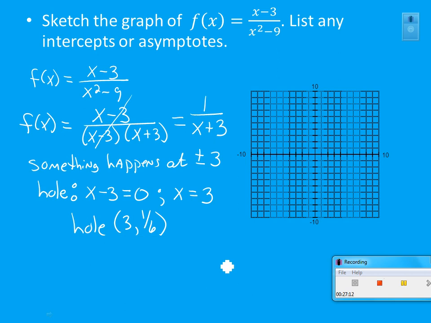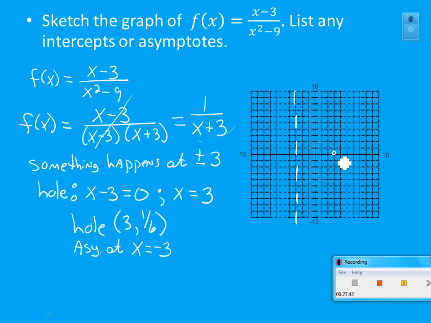The thing that we couldn't remove, look at what's left. 1 over x plus 3. Well, I can't allow you to use a negative 3, so there's going to be an asymptote at x equal negative 3. So here's what this graph's going to look like. At x equal negative 3, there's an asymptote. I know there's a hole at 3, 1/6.